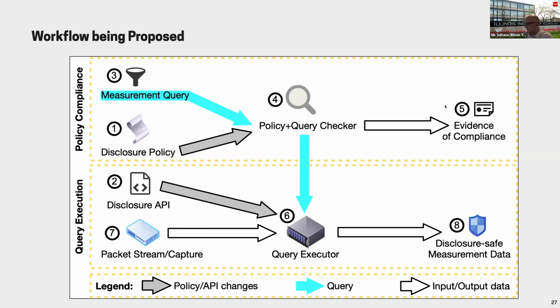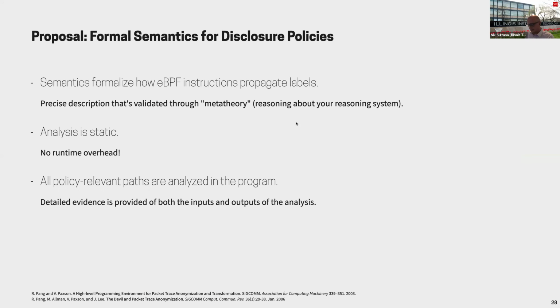So I've implemented all of this, and I'll tell you about a pilot experiment. Part of the deal here is that this needs to be trustworthy. Trustworthiness is partly derived through formal semantics, so having precise rules about what eBPF instructions mean in the context of measurements and policies.